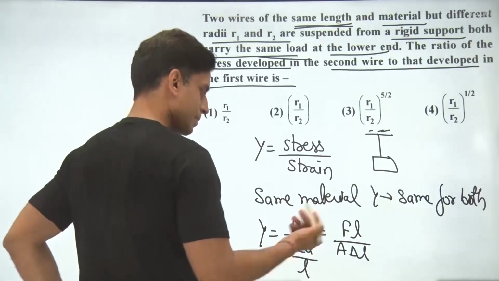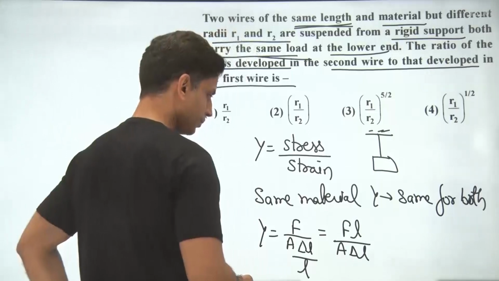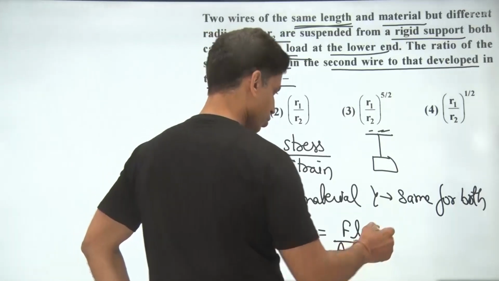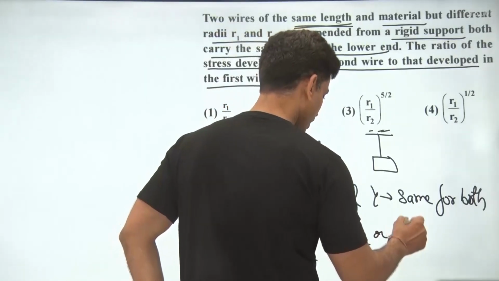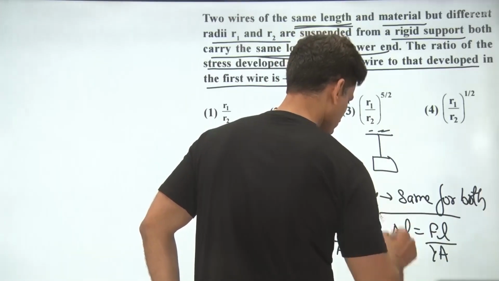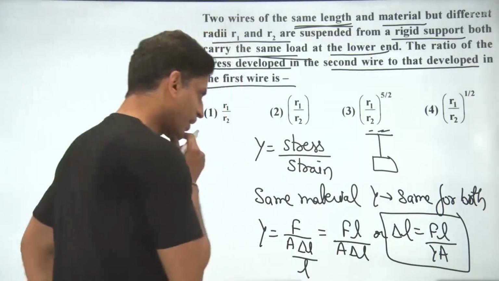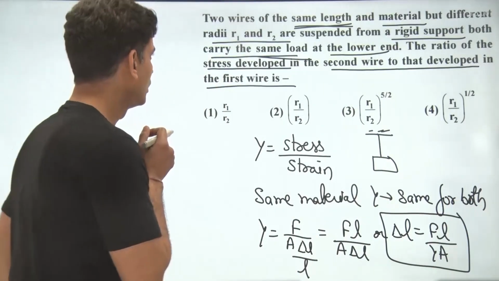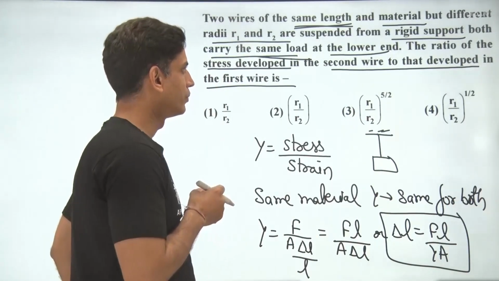So let's calculate the strain first, or delta L. So delta L is equal to FL by YA. This is the value of delta L, the extension or the elongation in the wire.